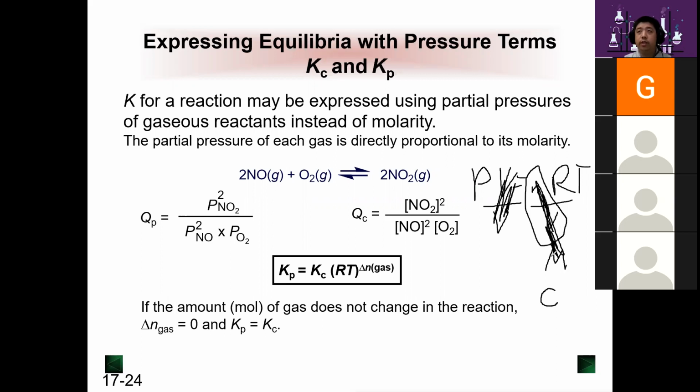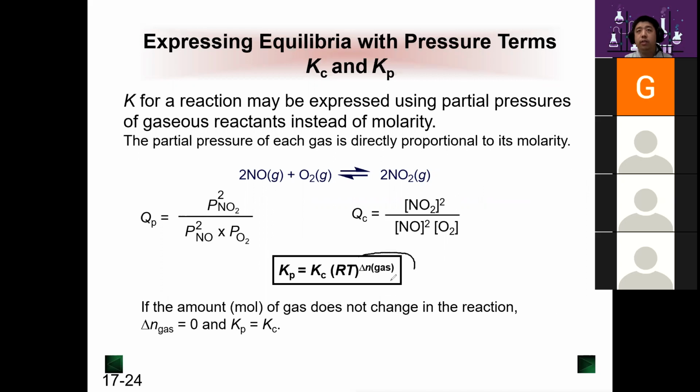I'm just going to cross those out. So the pressure is related to the concentration times RT. It's very similar to this equation over here. Your pressure is on the left side, concentration is over here multiplied by RT. The most important thing to pay attention to is this delta n, the change in the moles of gas. If the change in moles of gas equals 0, RT to the 0 becomes 1.